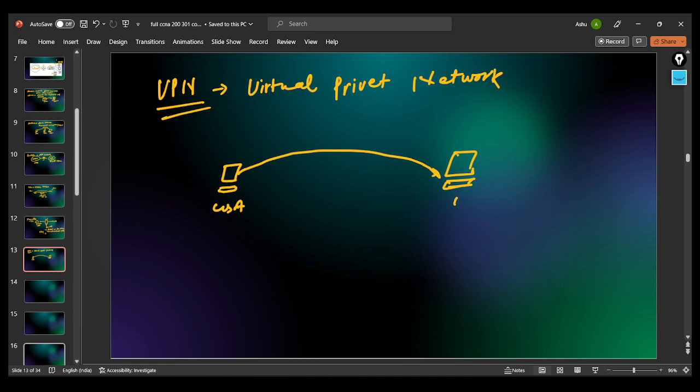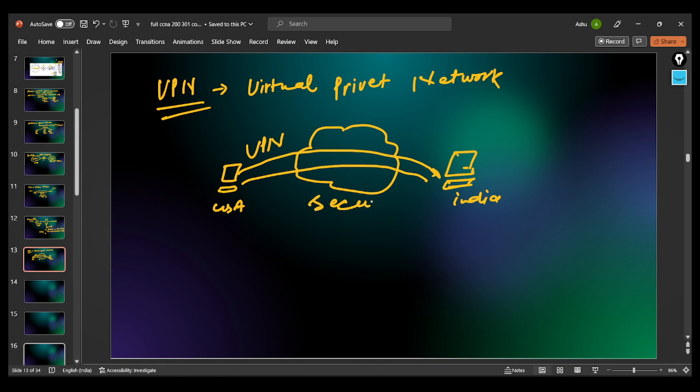That means the user of USA wants to access remotely, but there is a public network. How can they communicate securely? With the help of VPN. With the help of VPN, they can connect to each other remotely, and they can communicate and share data securely.